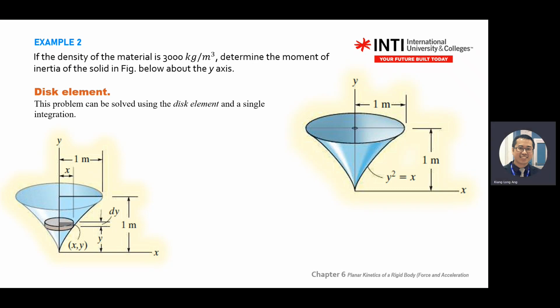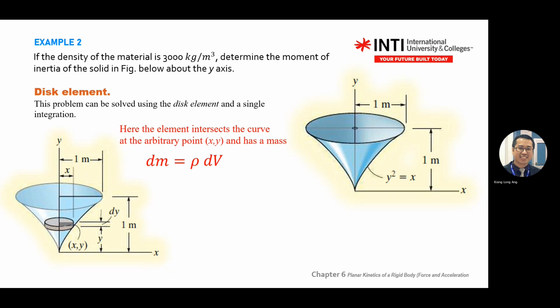So your equation becomes pi y squared, okay? Right. So your dm equals rho dv. Think before you ask a question. How do you find the volume of this?